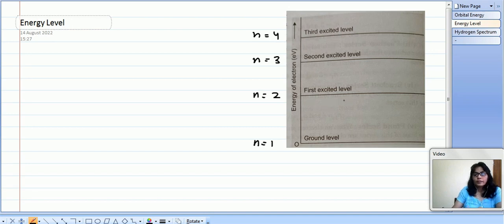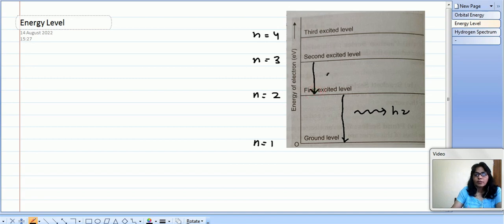Whenever there is a transition, the electron jumps from one level to another level, and the difference of the two energy levels will be emitted in the form of a photon of h nu.